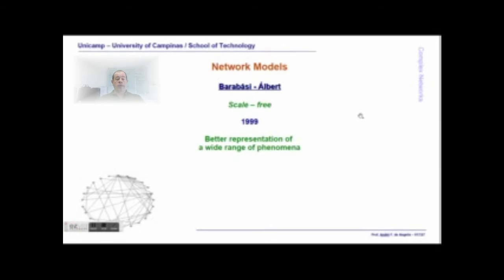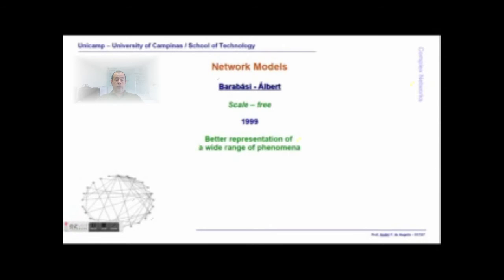Then usually we put it in the log scale. In the same direction, in 1999, Barabási and Albert proposed a network model. It is known as the Barabási-Albert model or scale-free model, but Price's model already has scale-free properties. The Barabási-Albert model was very successful and it started a very high interest in the field.